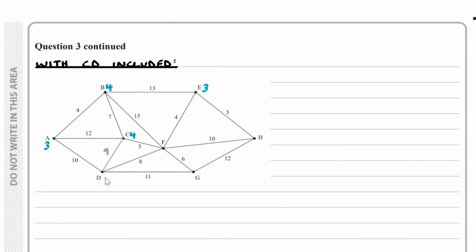D has got 1, 2, 3, 4. G has got 3. H has got 3. And F has got 6. And so, what you can see is the odd ones are A, E, G, and H.